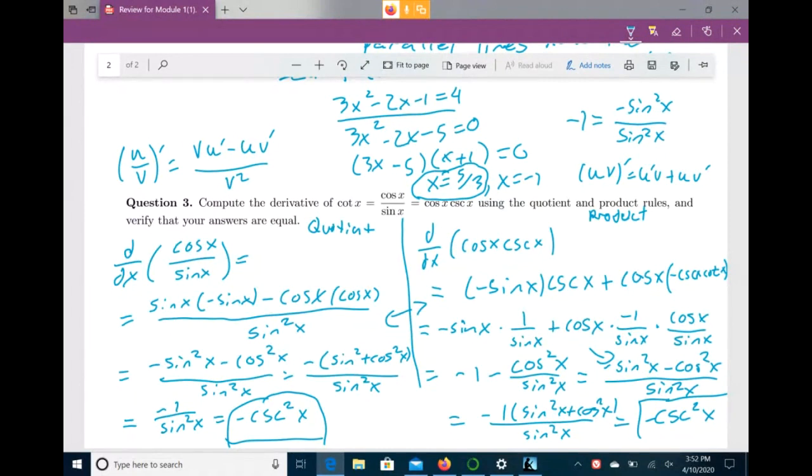I mean, it'll basically cover similar things, like stuff about tangent lines and product rule, quotient rule, stuff like that.